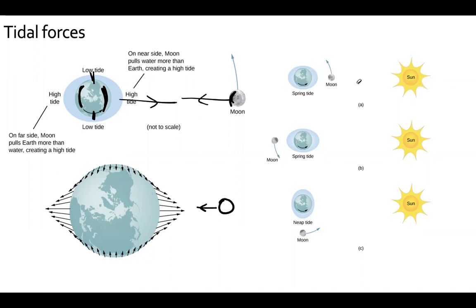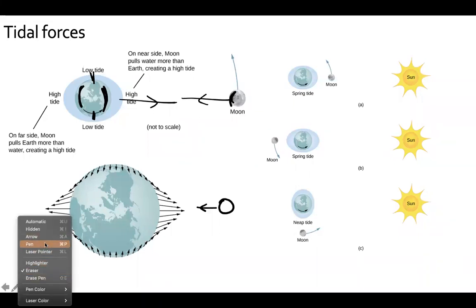Notice we have spring tide here and here. But in another case, when they are more perpendicular to each other, we have neap tide. And that's basically all I want to talk to you about tidal forces. Very quick, simple. If you want to learn more about it, feel free to look in your textbook.